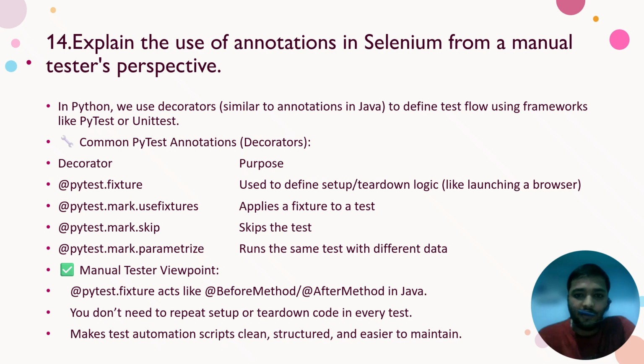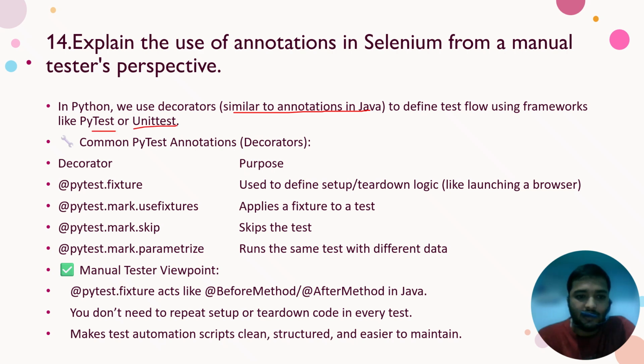Explain the use of annotations in Selenium from a manual tester perspective. In Python, we use decorators, similar to annotations in Java, to define the test flow using frameworks like PyTest or unittest.